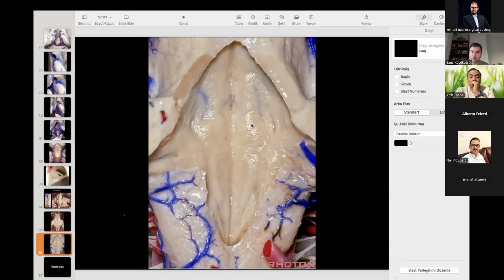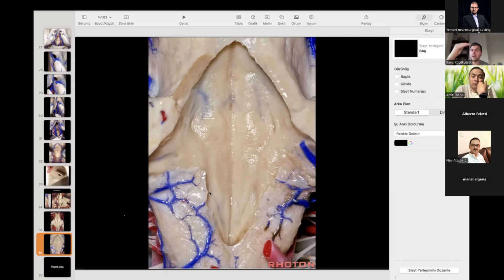This is the facial colliculus, which also hosts the nucleus of the abducens nerve. They are just above an imaginary line connecting both lateral recesses. So on the upper half of the floor of the fourth ventricle, the important structure is the facial colliculus.